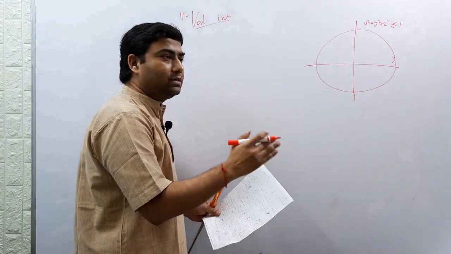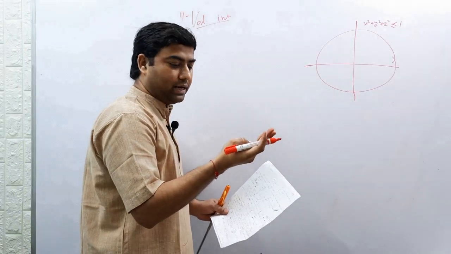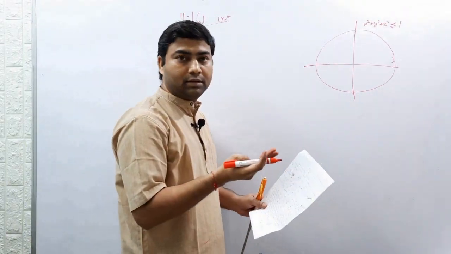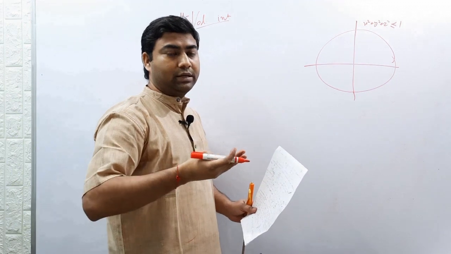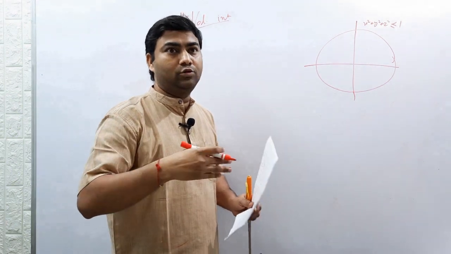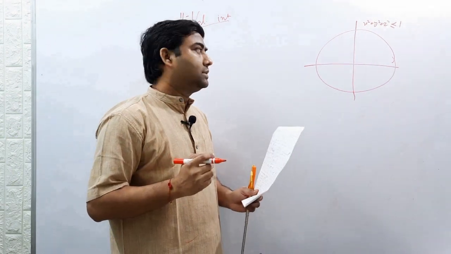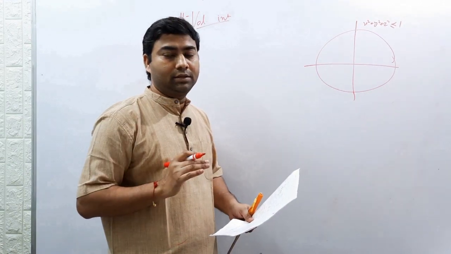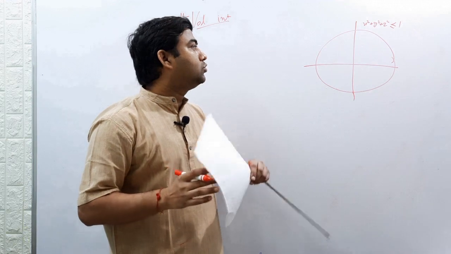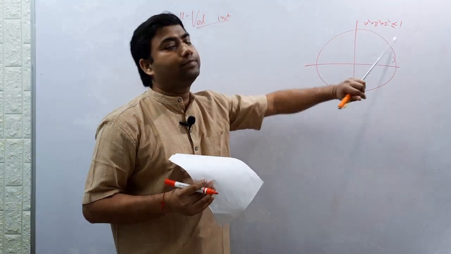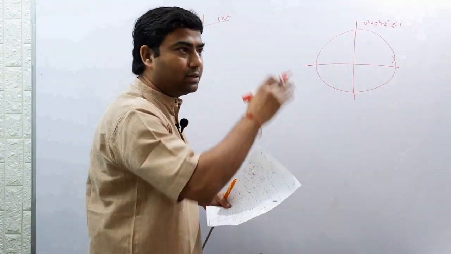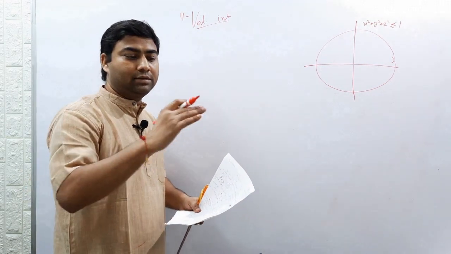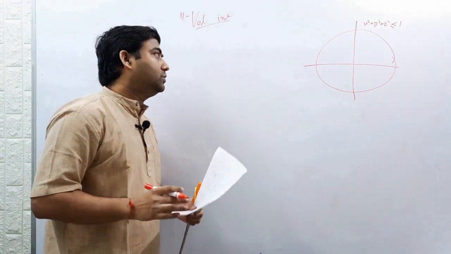Similar to line integration, where you had a vector field and a curve, and in surface integration, where you had a vector field and an equation of a surface, in volume integration you will have a scalar field and an equation of volume. You can note down the analogy between line, surface and volume integration.